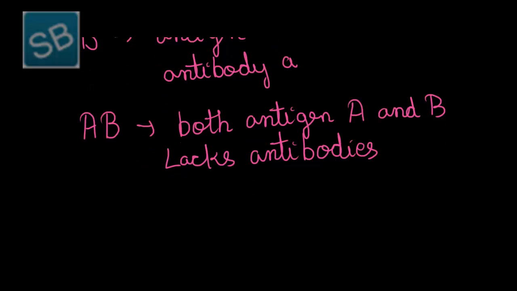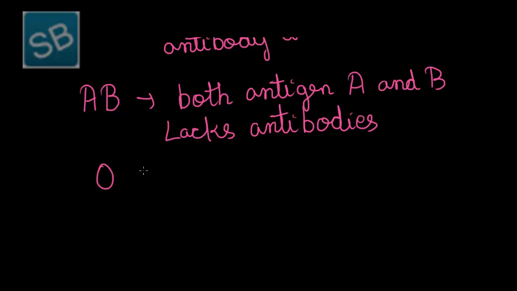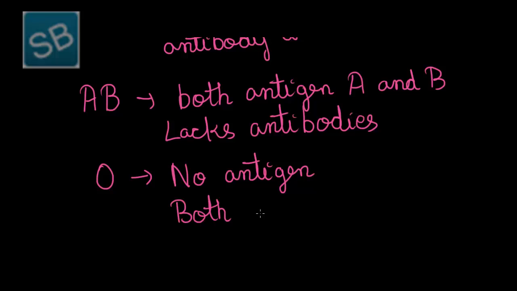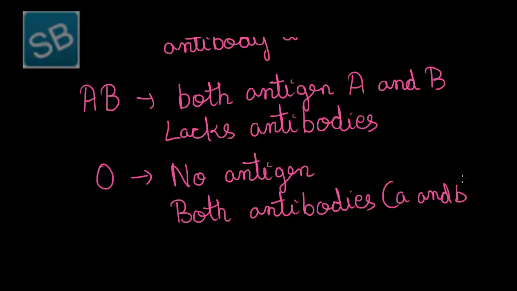Similarly, the blood group O contains no antigen but contains both the antibodies, that is small a and small b. In this manner, within the blood group, various genes are responsible for producing the antigen and antibody.